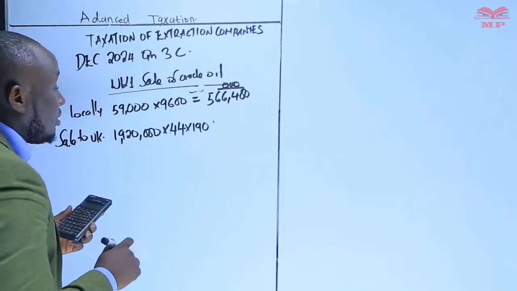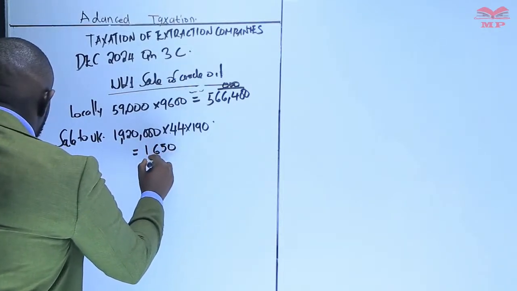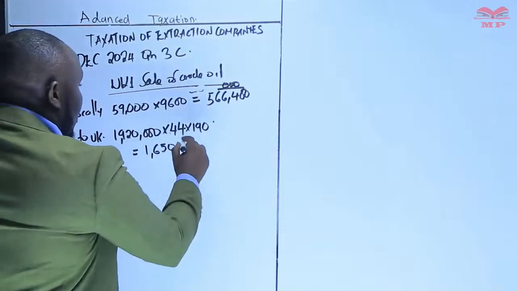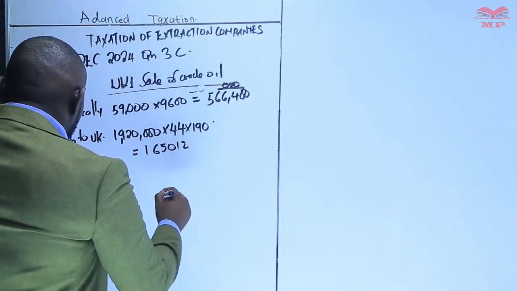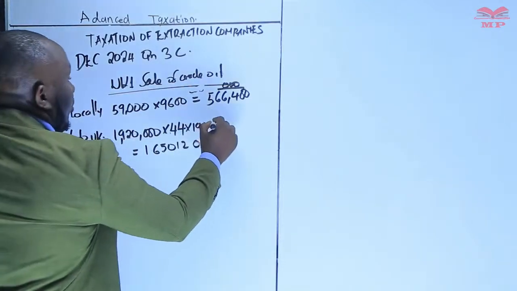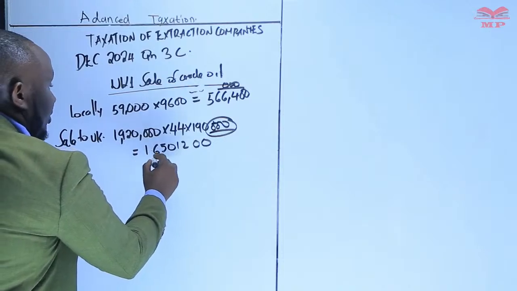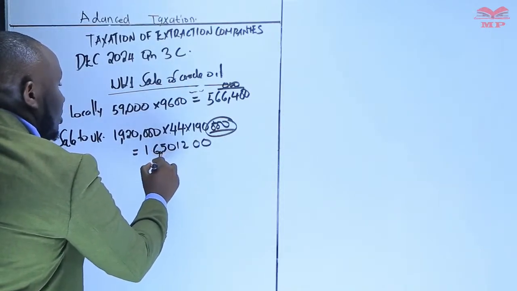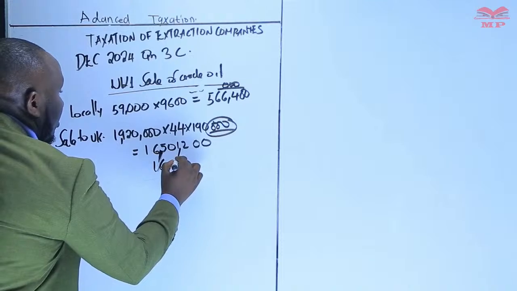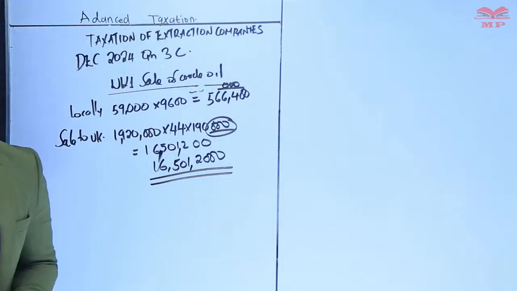When you get it, that should be 16,501,200, rounded off to thousands. That should be 16 million, 501,200. Remember, this is rounded to 1,000.